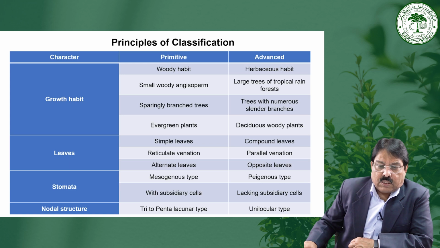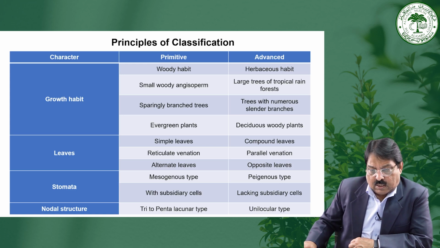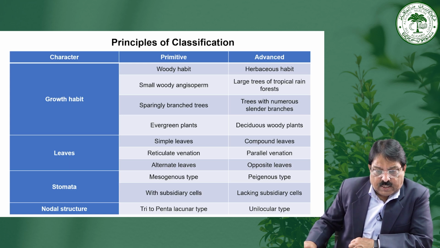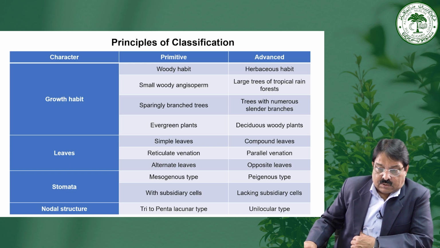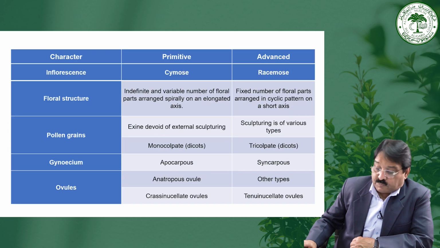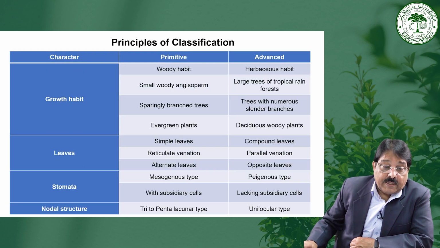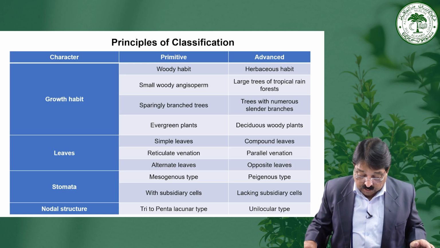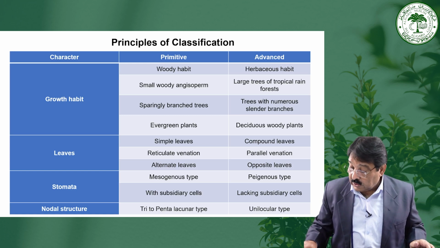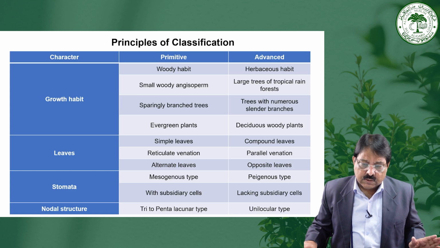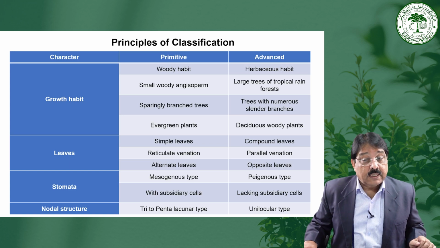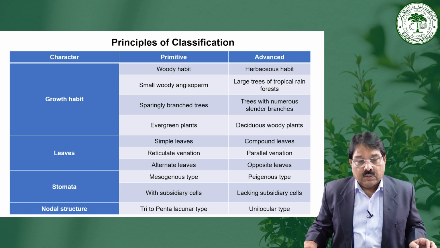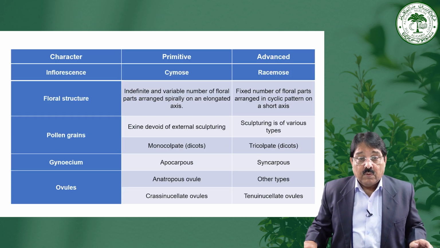Then the stomata are the mesogenous, perigenous type with subsidiary cells, based on the number of subsidiary cells. Then the nodal structure, the trilacunar to pentalacunar type, then the unilocular type. It is also one of the important characters. It is either unilocular or bilocular or trilocular or pentalocular, whatever it is.